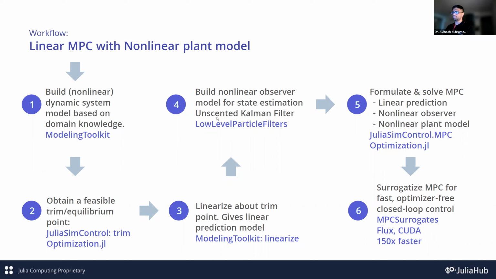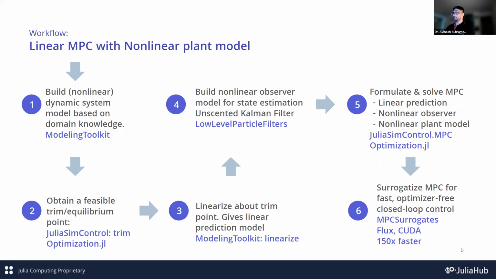In this case, we choose to use an unscented Kalman filter from the LowLevelParticleFilters library. So this gives us the second piece of the MPC problem. The fifth step involves putting all the three parts together. So we formulate and solve the MPC using the JuliaSim control MPC toolkit with the linear prediction model, the nonlinear observer, and the nonlinear plant model.